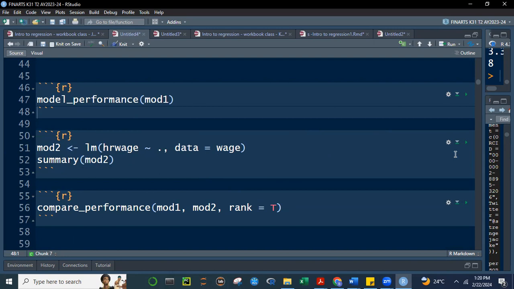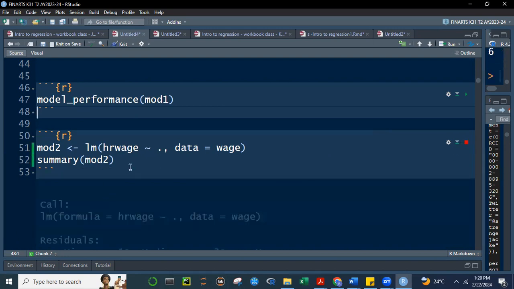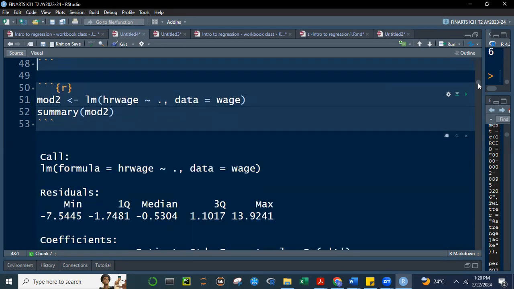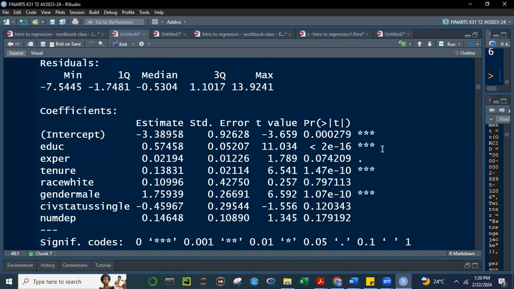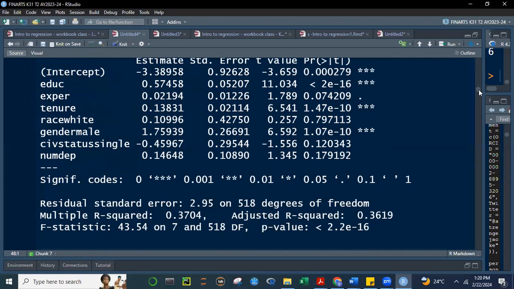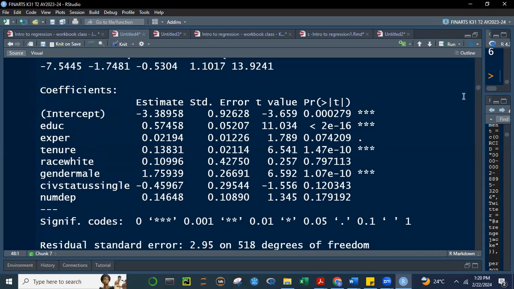So this is just a quick review with the summary. This is what we did last time. And we noticed that there were insignificant predictors like race, civil status, number of dependents. And what we did last time was to look at the anatomy of this output and determine which of these were significant predictors of hourly wage and at what level of significance.